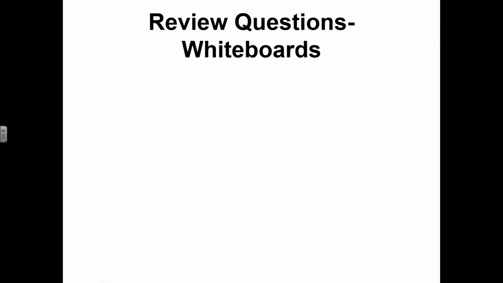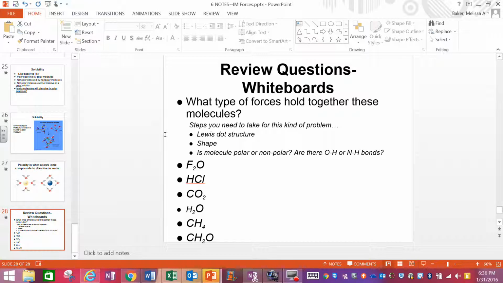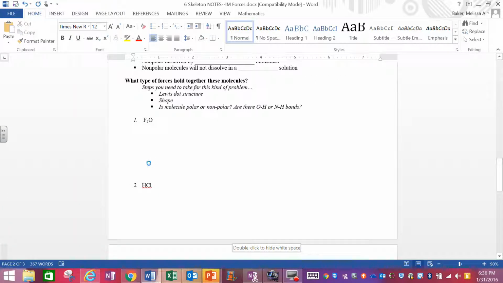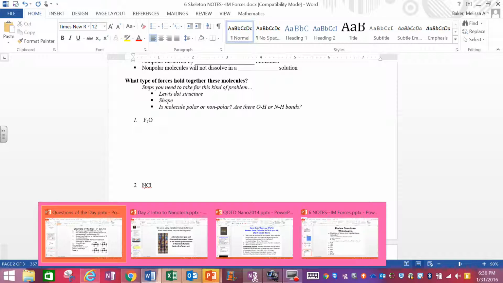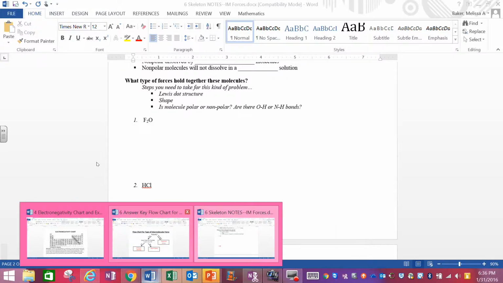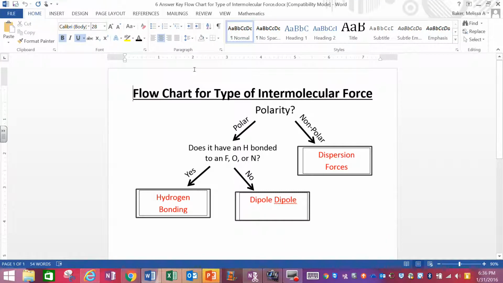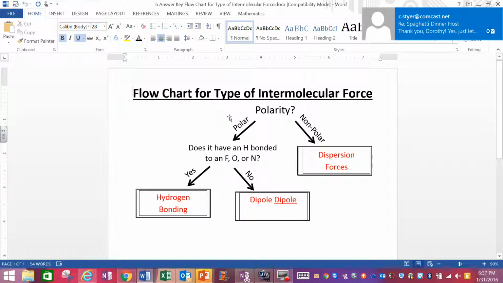Let's see, I think we skipped through this and we moved right into some examples. And I want to show you this flowchart that kind of helps you determine which type of intermolecular force is the strongest one present. So first, you draw your molecule. If it's nonpolar, automatically you know that it has the weakest forces between them, so dispersion forces.